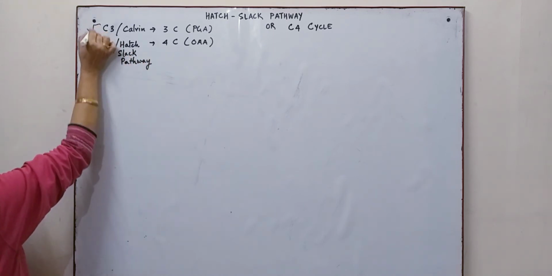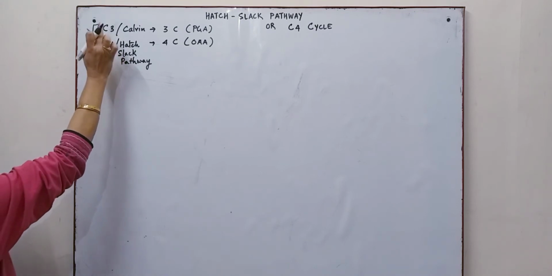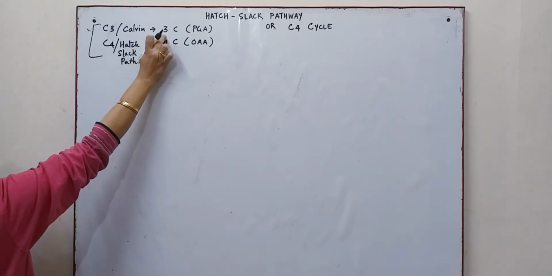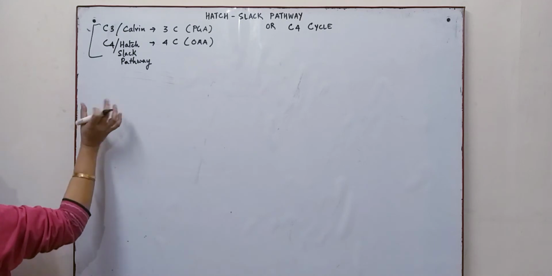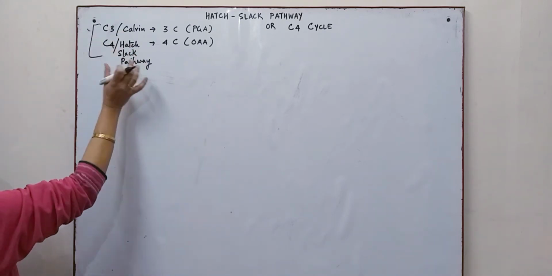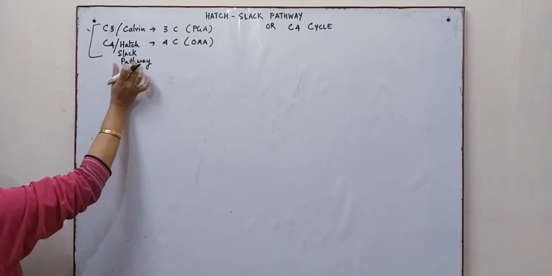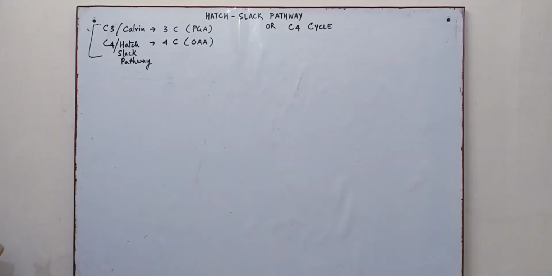In a broad sense, plants in which the first stable compound of carbon fixation is a 3-carbon compound are said to be C3 plants, whereas plants in which the first stable compound is a 4-carbon compound are known as C4 plants, which follow the Hatch-Slack pathway.